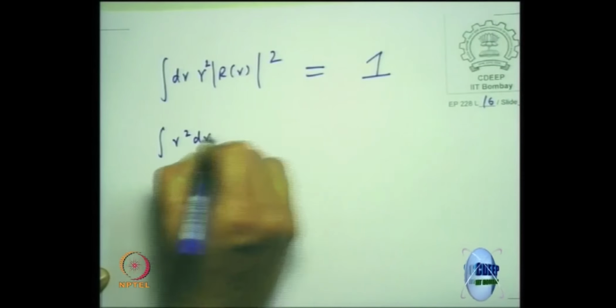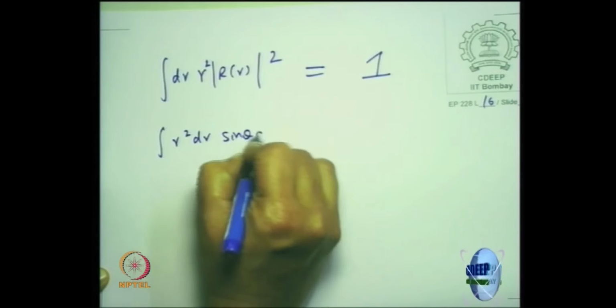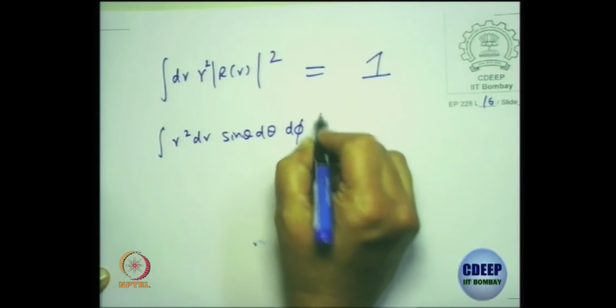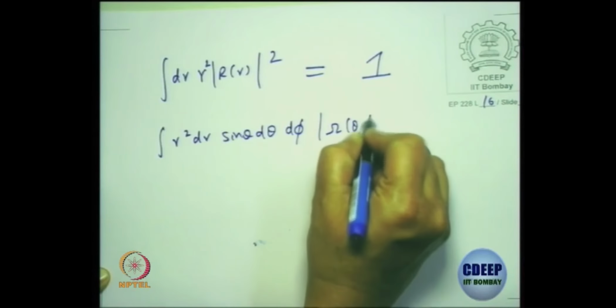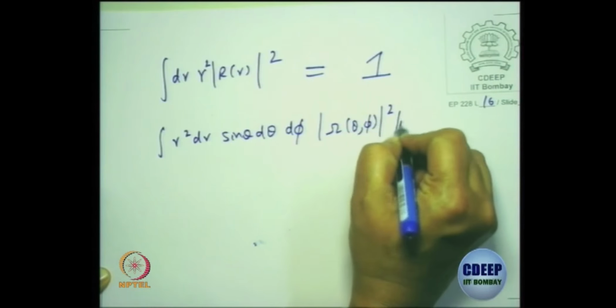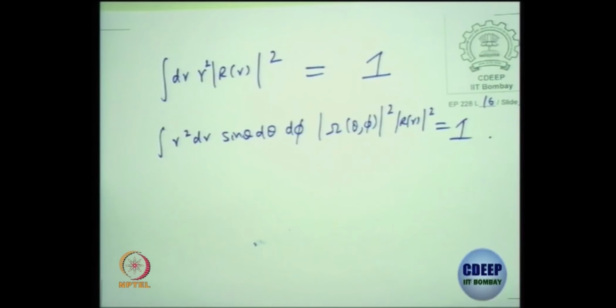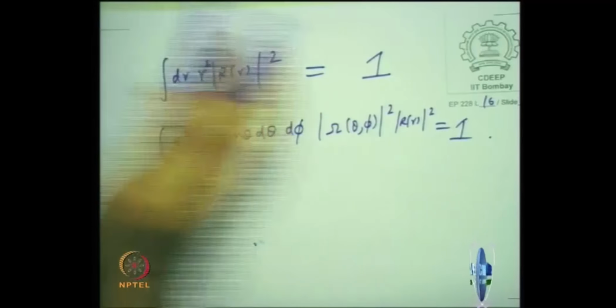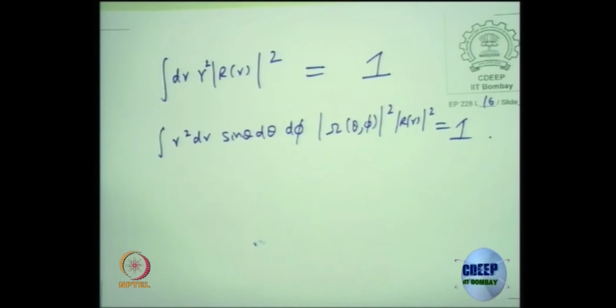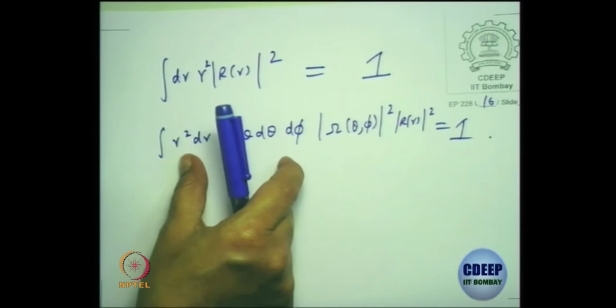So it is r squared dr sin theta d theta d phi mod omega theta phi whole squared mod R of r whole squared. This has to be 1. That is the normalization. You can split it up into r piece and theta phi piece, but the normalization has to be with the volume factor in that appropriate coordinate.